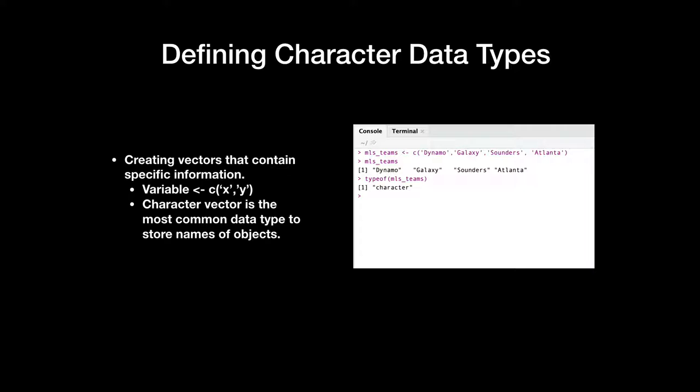So there are going to be times where you have data, let's use a very common data set that's used in programming classes and data science. There is one called mtcars, and they have a list of cars, as you may imagine. Here on the right, we can pass an example of just some MLS teams, and they will be stored as a vector.